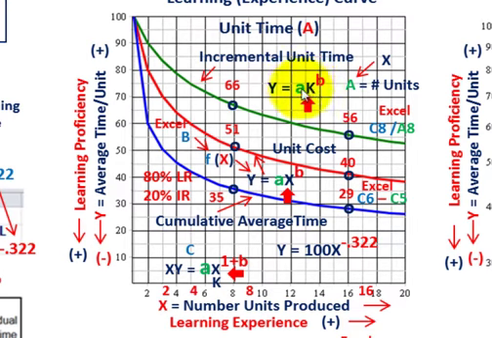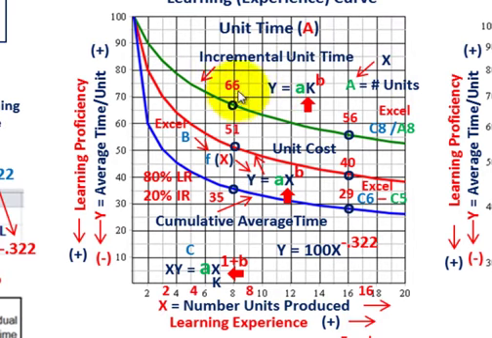And again, a in our Excel function was just taking C8, whatever our cumulative total cost, divided by A8, the number of units. A8 was 4 units. So you're just taking your total cumulative cost and dividing it by the number of units. So that's for our incremental unit time.